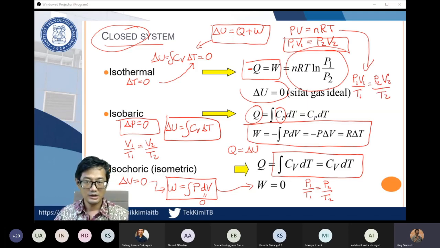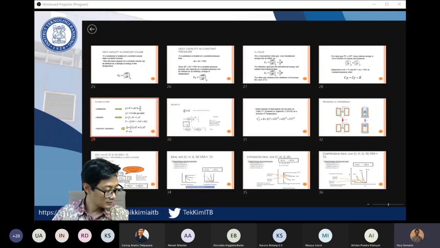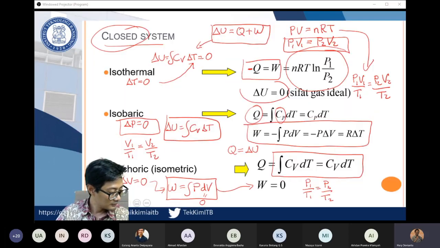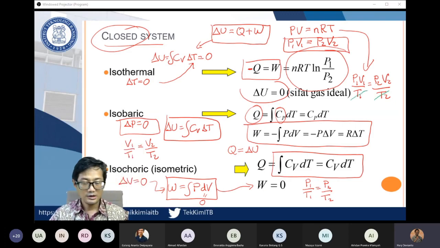When you have an isothermal condition, just remove this value, so the relation would be P1 V1 is equal to P2 V2.